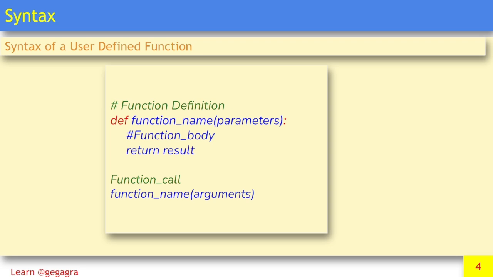Here you see there is a function name, and it begins with the def keyword, and in the brackets there are the parameters, you can say the variables or arguments. Then this is the function body, meaning the program of this function, and finally the last statement should be the return statement.